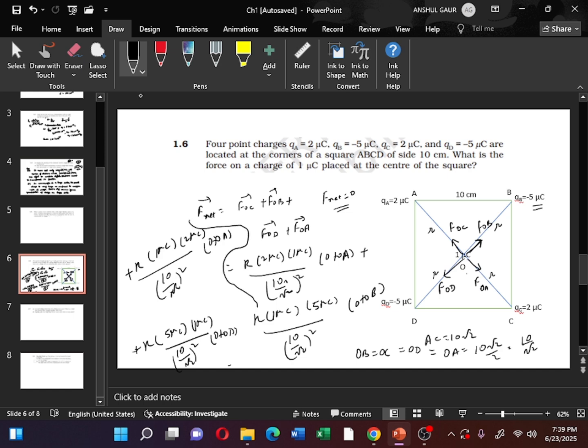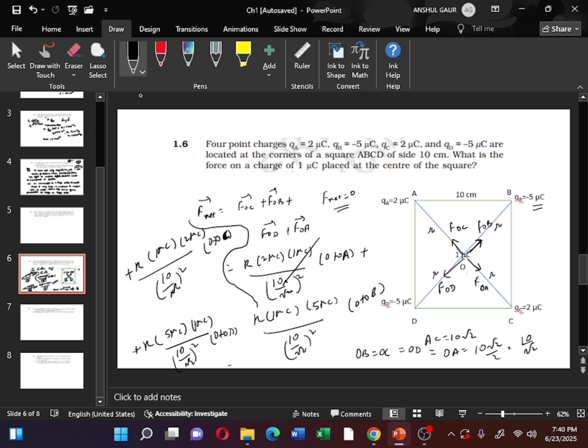So in this way we have calculated the net force. If you can see, the fourth one is FOA, the direction is from O to C. Let me correct this, this is O to C. So in this way, the first term cancels with FOC.